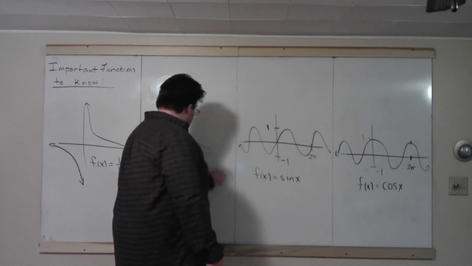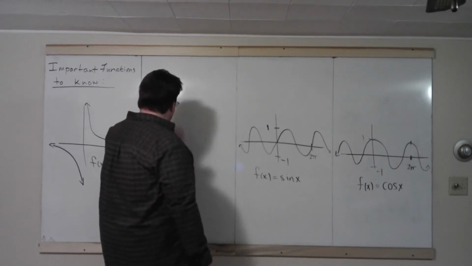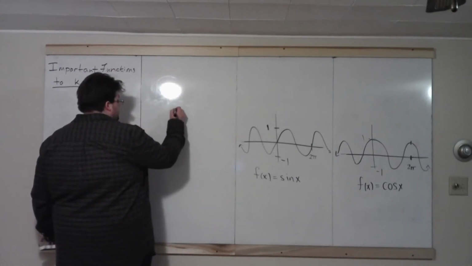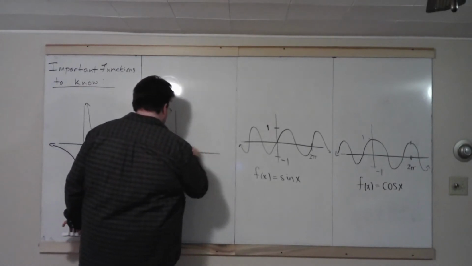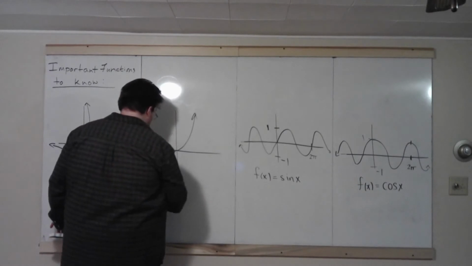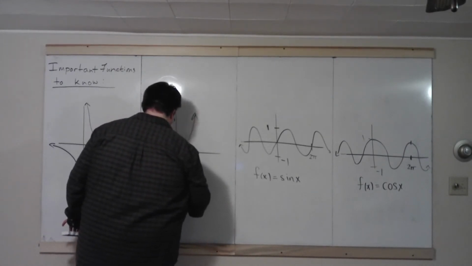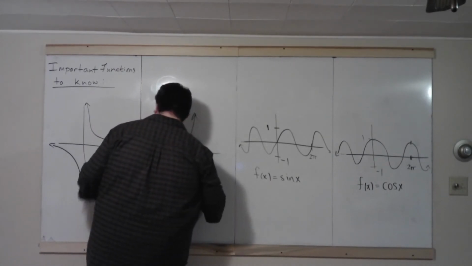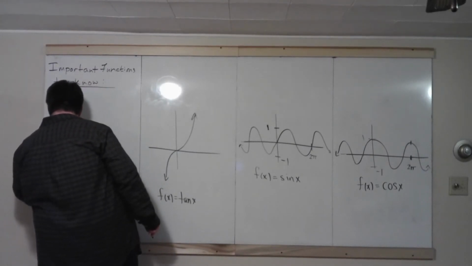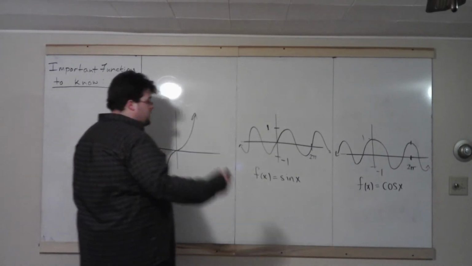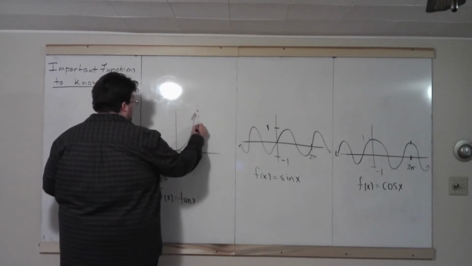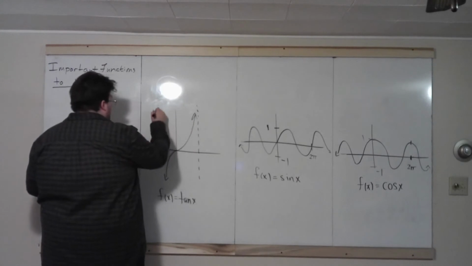And finally, the 9th important function to know is the tangent function. And again, all 9 of these are functions that pass the vertical line test. The tangent function is technically defined as sine over cosine. And because of that, you are going to have asymptotes.